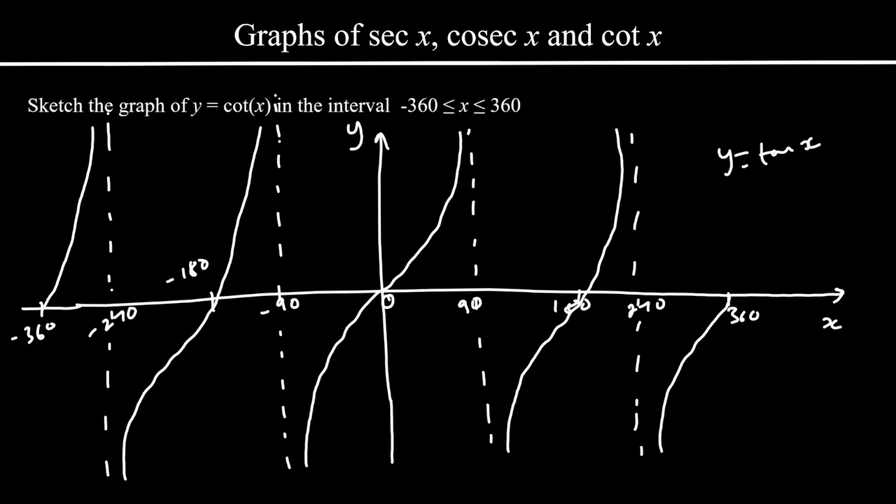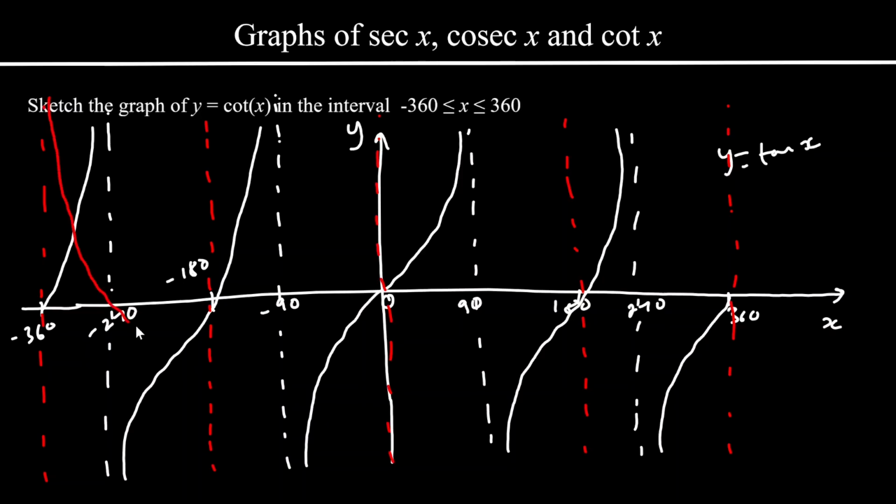Our cot graph: whenever the tan graph goes through 0, like the other ones, we're going to get asymptotes. And then the cot graph kind of flips the other way around. When we divide by something really, really small, we get a really, really big answer, and as we divide by something really, really big, we get a really, really small answer.